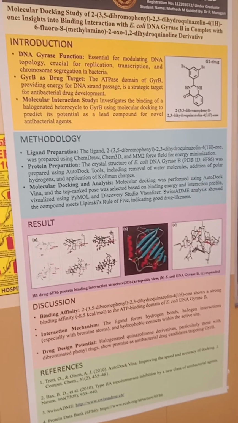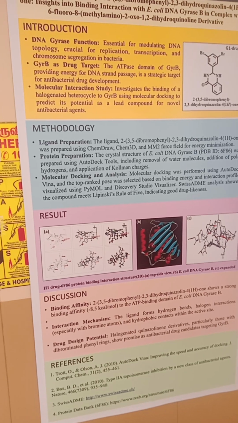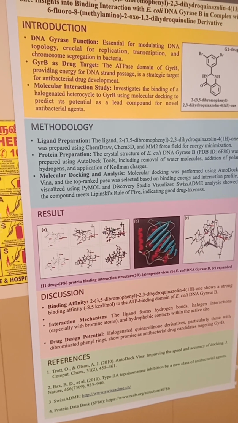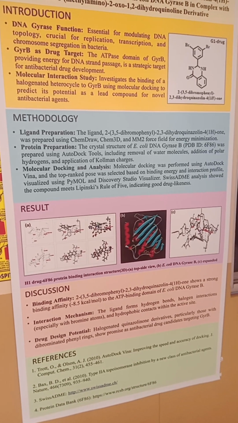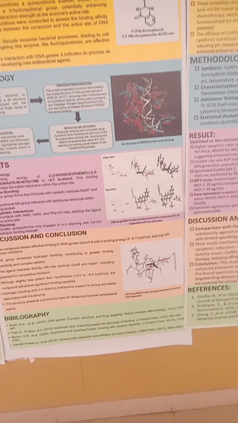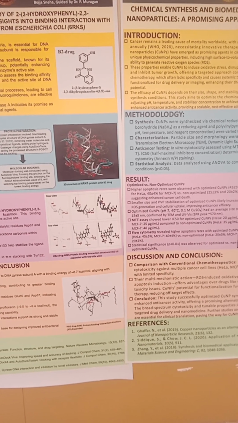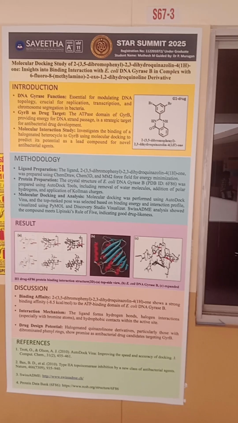Molecular docking study of 2,3,5 dibromophenyl 2,3 dihydroquinazoline 4,1H on insights into binding interaction with E. coli DNA gyrase B in complex with 6-fluoro 8 methyl amino 2 oxo 1,2 dihydroquinoline derivative by Mutesh.